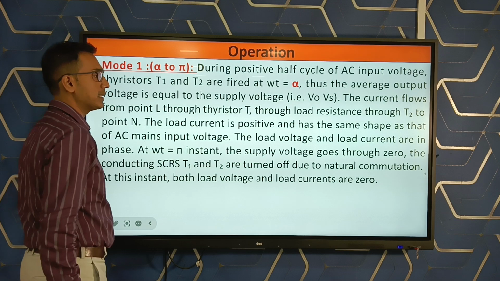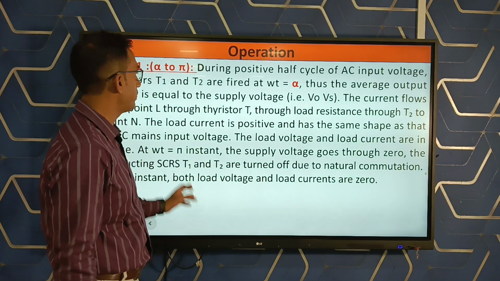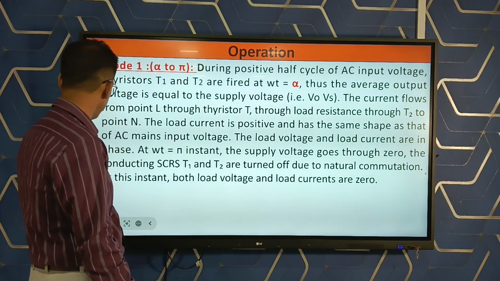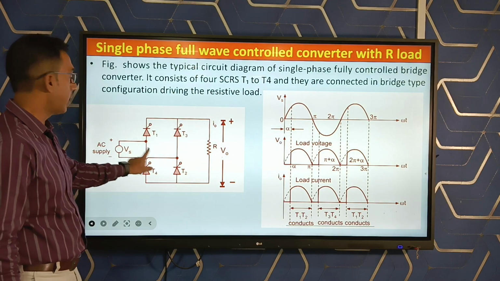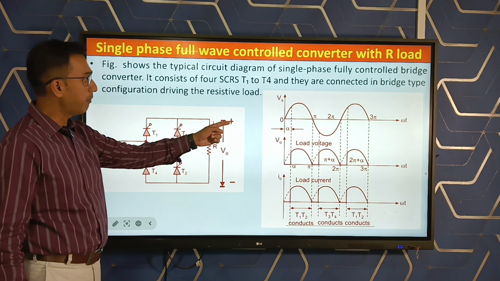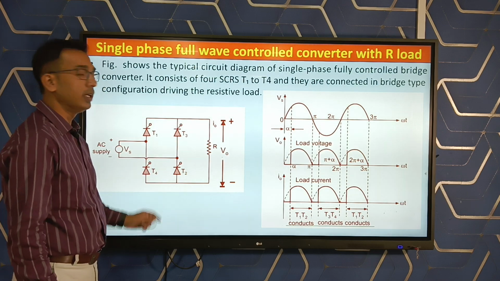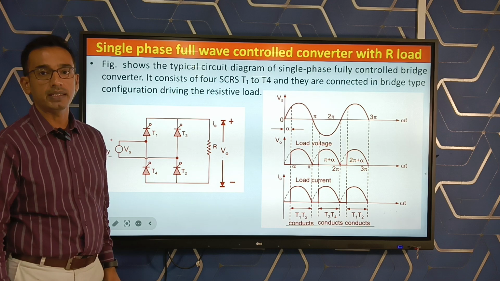Mode 1 means, as I said, during the positive half cycle, the thyristors T1 and T2 will conduct, as you see in the diagram. They will conduct from alpha to pi, and T3 T4 will not conduct because T3 T4 will be reverse biased.